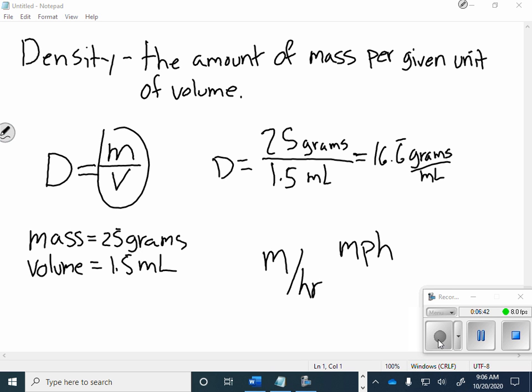Sorry. So that's what these things mean. For every amount of grams you have, you get that many milliliters. Just like miles per hour. If you're going 60 miles per hour, that means for every 60 miles, you've gone 1 hour. In 2 hours, you would have gone 120 miles. In 3 hours, you would have gone 180 miles. Okay? So our numbers can never stay naked.